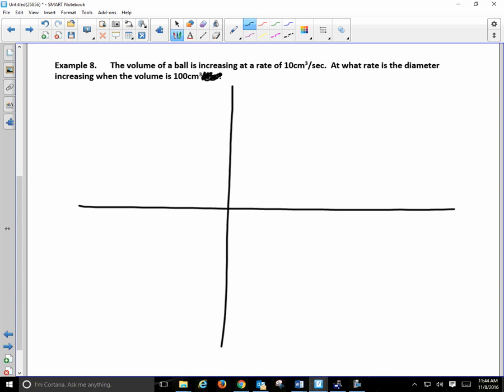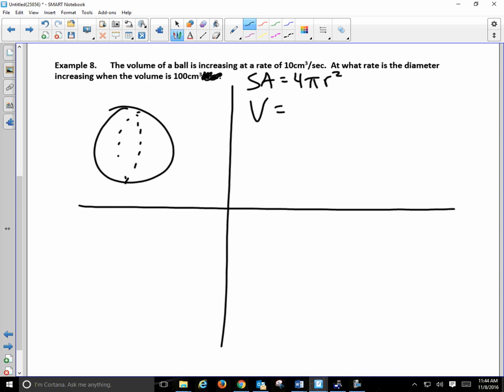So again, we have a sphere, and the surface area of a sphere is 4 pi r squared, but we're talking about volume here. Volume is 4/3 pi r cubed. And it is getting bigger, okay? And so we have a lot of things that are changing. What are we given in the problem?